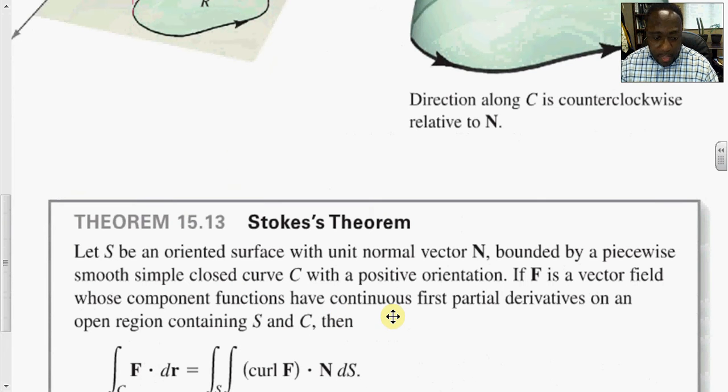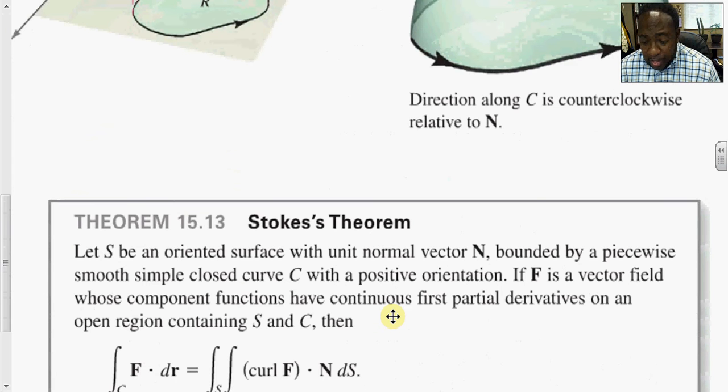And that is that here S must be an oriented surface. That is, if you're going to be examining the outer rim of the surface, you must stay there and continue to focus on the outer rim of that surface. So here, with a unit normal vector that's directed outward, bounded by a piecewise smooth, simple closed curve, the curve cannot cross itself.